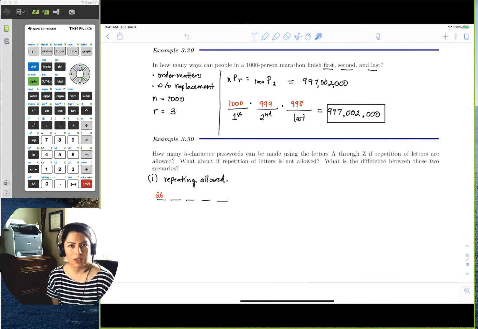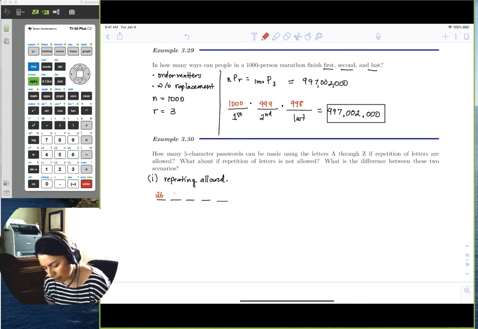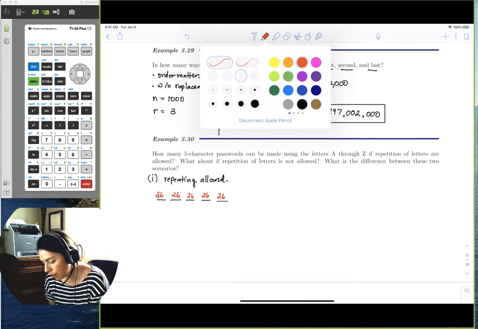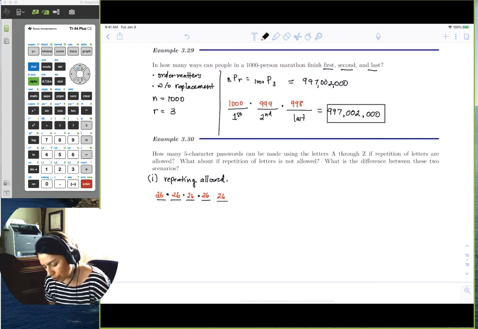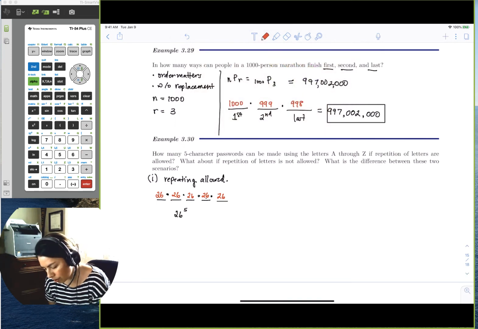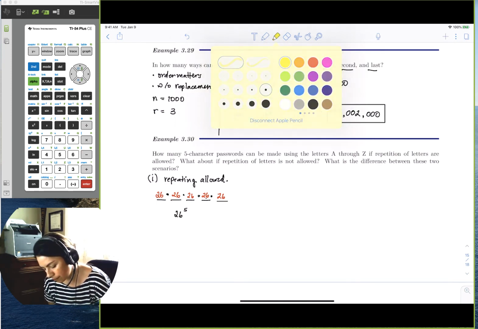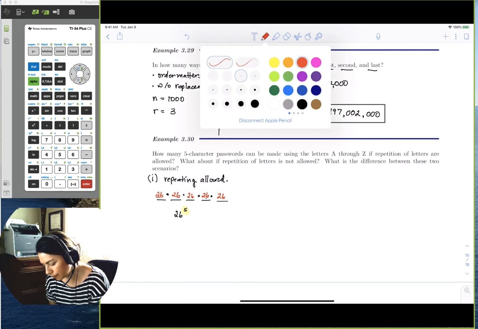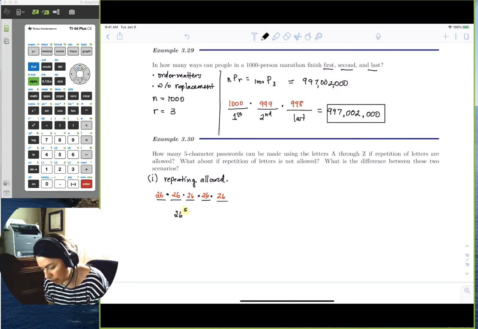Well, just the same, right? 26. In fact, it's 26 across the board. So here I would use the multiplication rule, but have 26 to the 5th power. So notice that here, that's the number of characters, and then this is the number of choices.